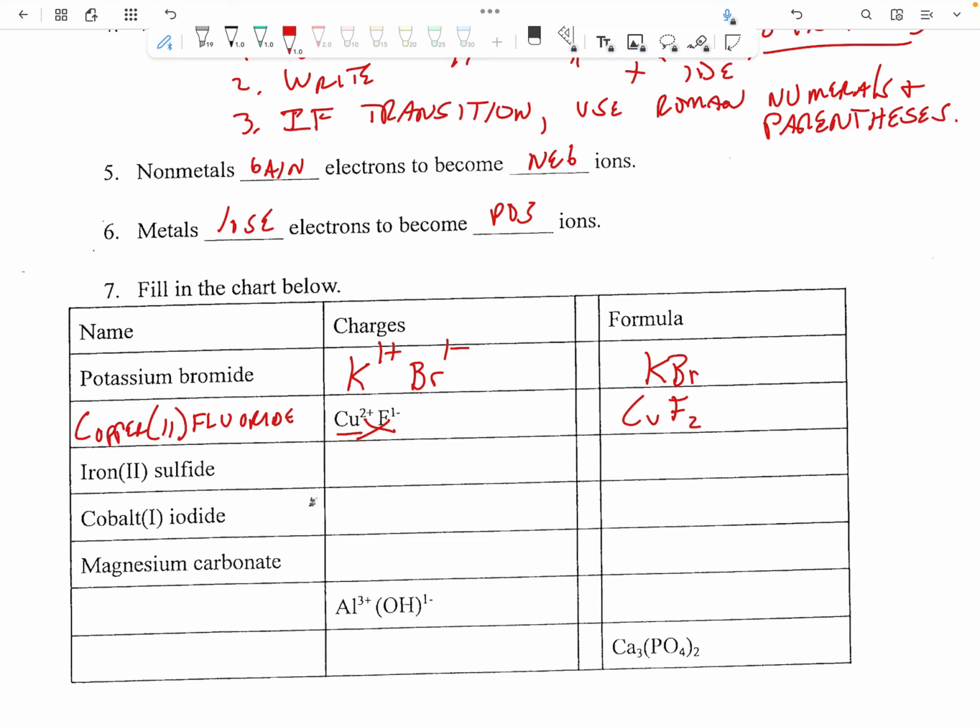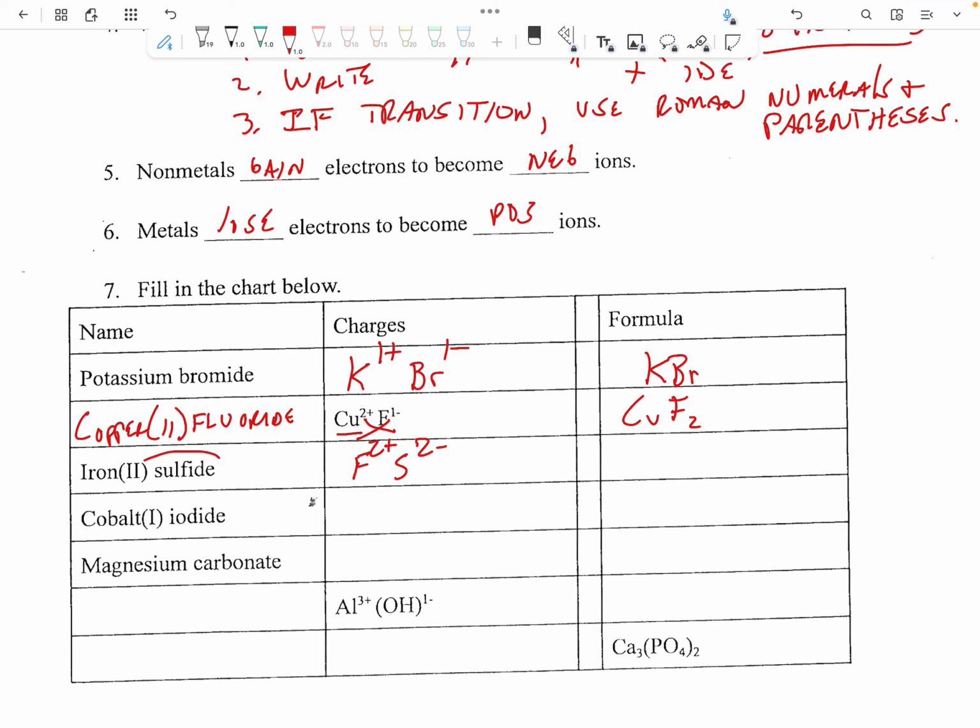Iron 2 sulfide. So we have iron and we have sulfur. Sulfur is a 2 minus charge, okay? So if sulfur is a 2 minus charge and we have to have a total charge of 0 for the entire compound, then iron has to be a 2 plus. So those are the charges. We have iron 2 sulfide.